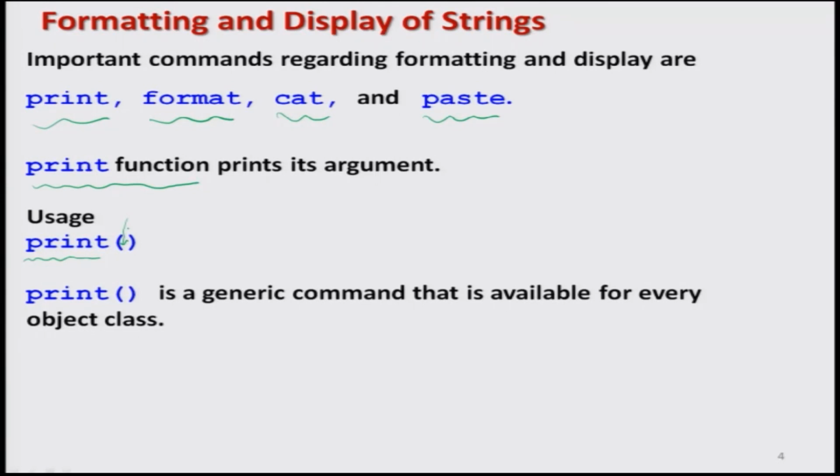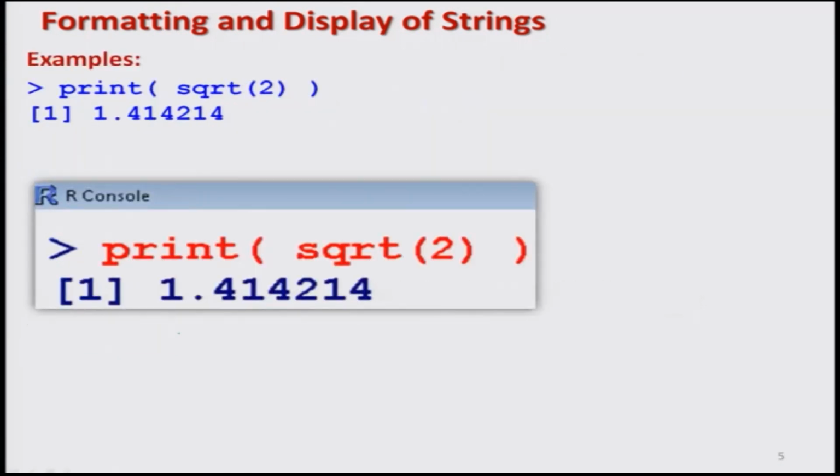And the advantage of using the print function is that print is a generic command which is available for all sorts of object classes. If you remember, we had discussed different types of object classes like character, number, data frame, and list. So, print can be used in all the classes without any problem. Now, let us take some examples and try to understand how to get it done.